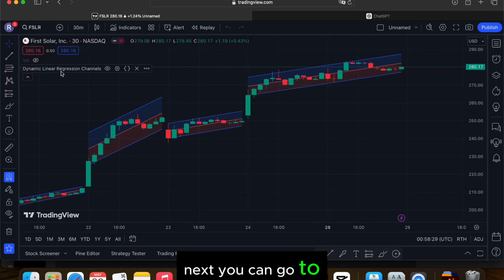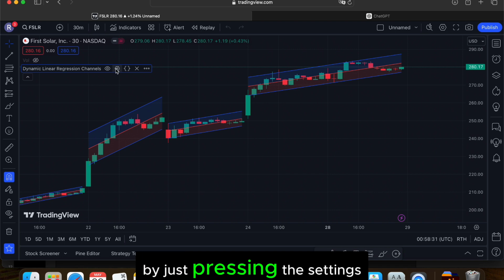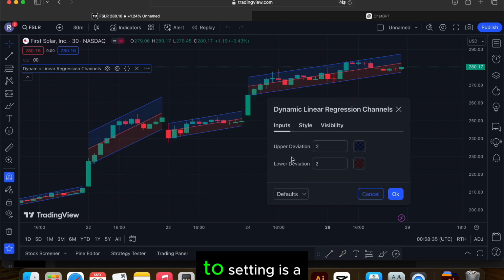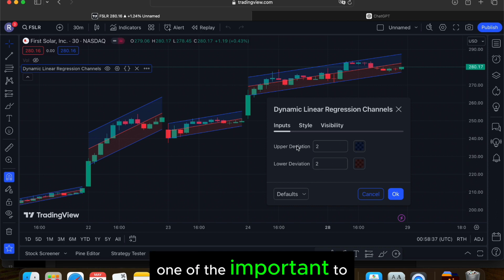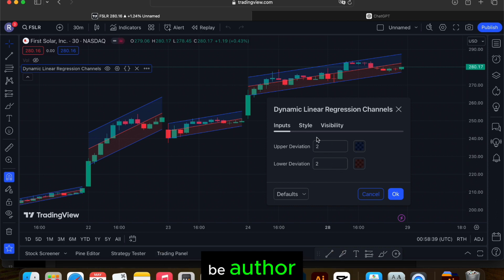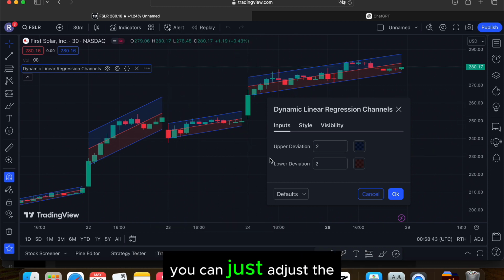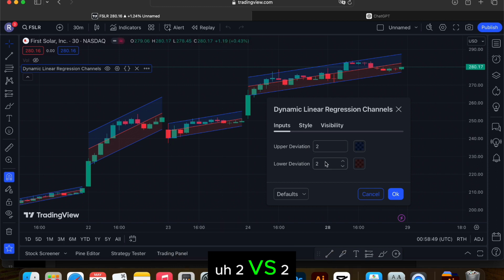Next, you can go to the settings tab by just pressing settings. In the settings tab, these two settings are important to alter and manipulate based on your chart. Basically, you can adjust the upper and downward deviation for the graph. This is 2 versus 2.